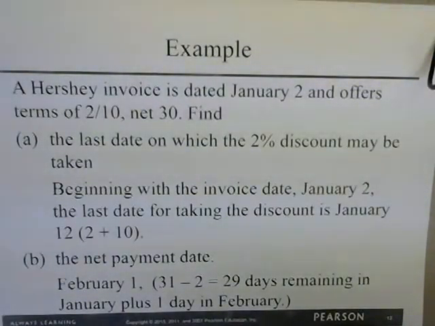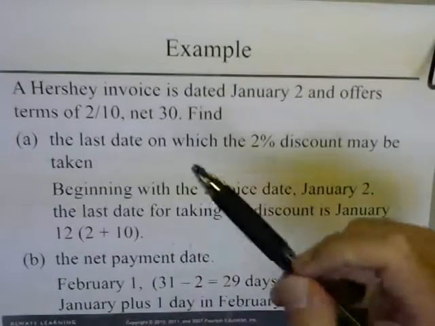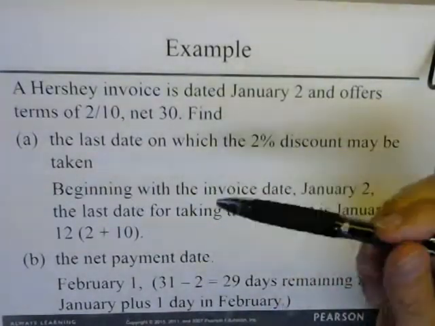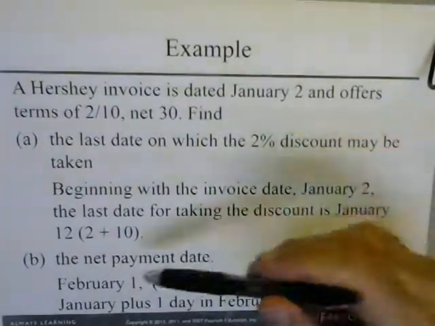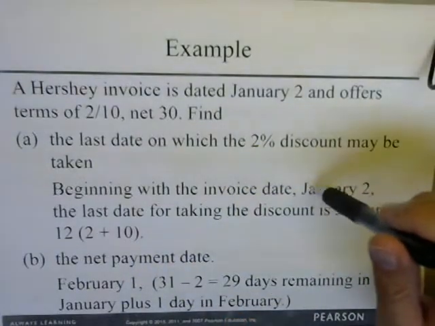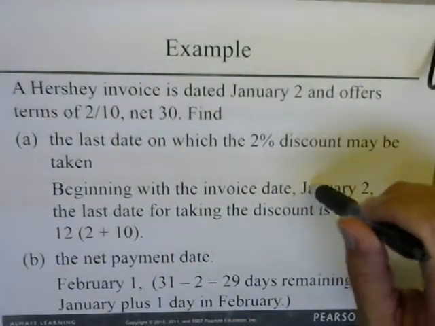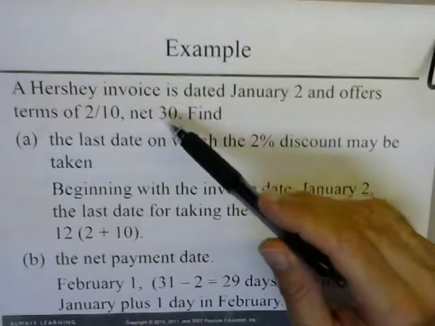And then the net payment date, the date at which the payment is due in full, would be February 1st. If they don't pay it by then, they might have to pay some penalty. Because the invoice is dated January 2nd, remember, they have 30 days.